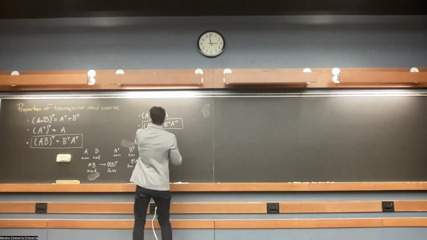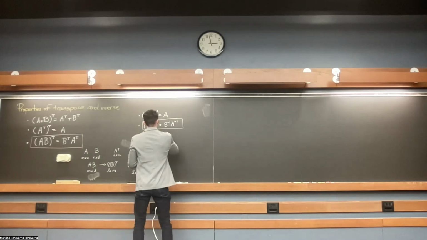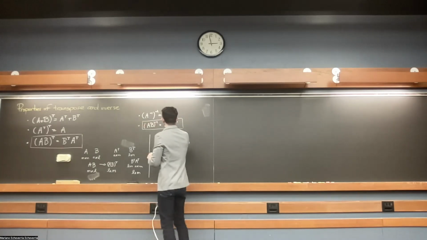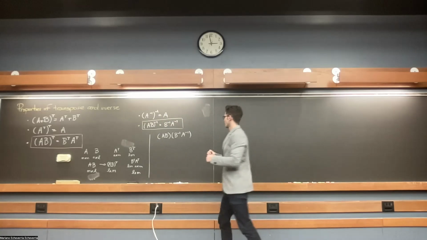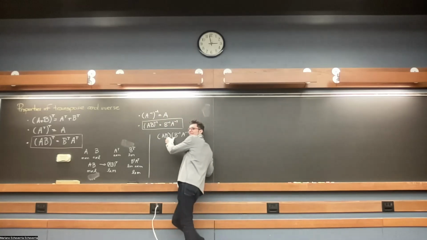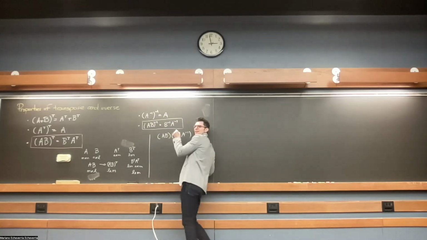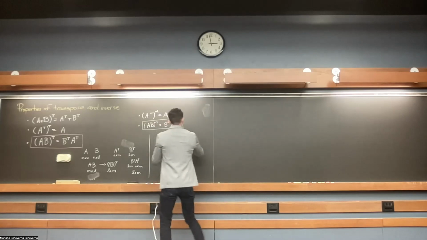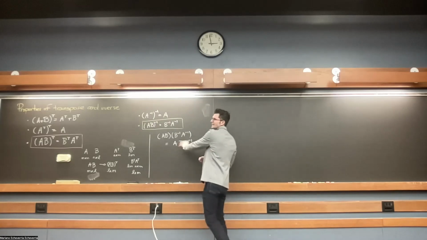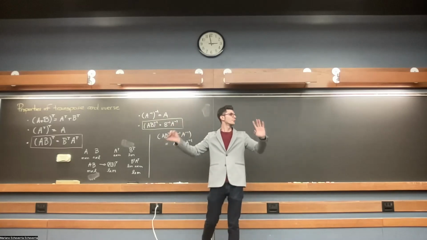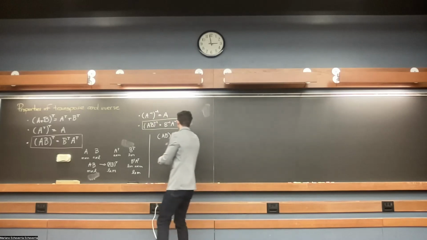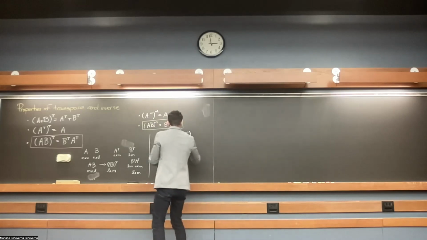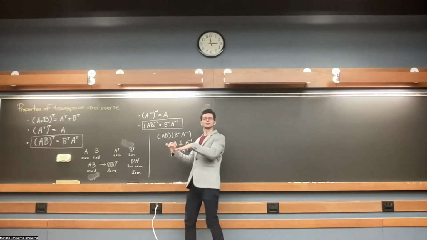So if the matrix I care about is AB, and I multiply that by B inverse A inverse, well, now B times B inverse, they cancel each other out. So you get A, identity, A inverse. And then the identity is kind of like one. You can put it or not when you're multiplying, so you forget about it now. And again, A times A inverse, they cancel each other out.